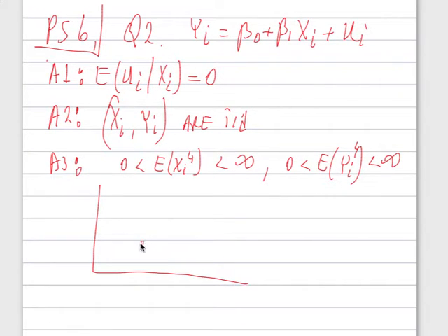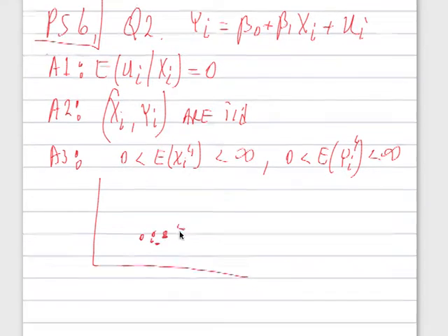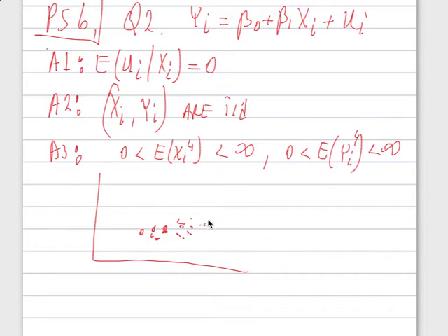Let's say you're looking at income and some variables, and the majority is there, and some guy earns a few million here. And if you fit OLS, you get something like this, fitted Y. The gradient here, which is the beta hat, is biased upwards, right? Because of these guys.